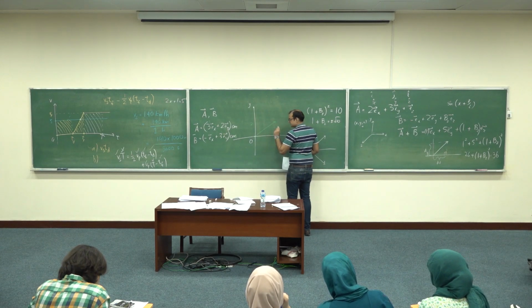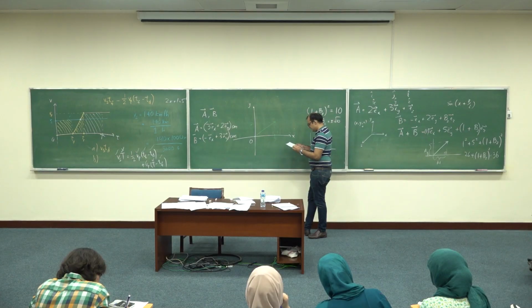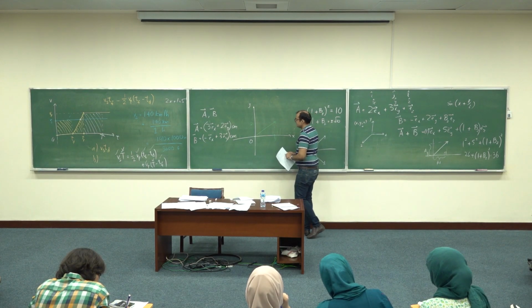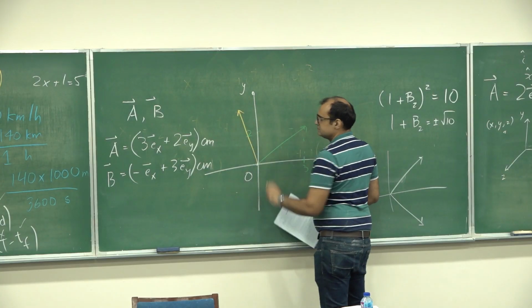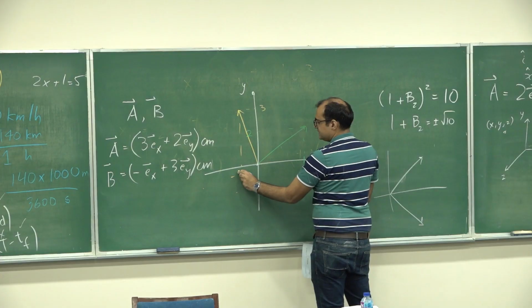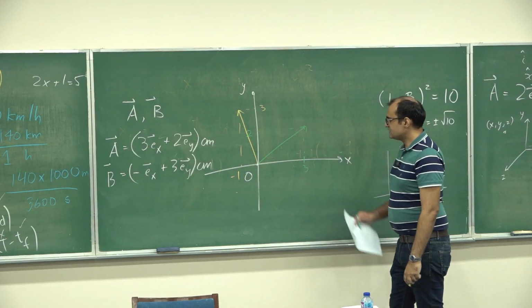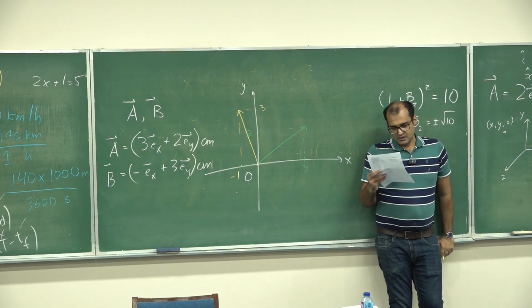So this is 2, and this is 3. That's vector A. Then I have vector B, which is minus Ex and 3 Ey. So vector B is something like that. And this is 3, and this is minus 1. So this green arrow is my vector A, the yellow arrow is vector B.